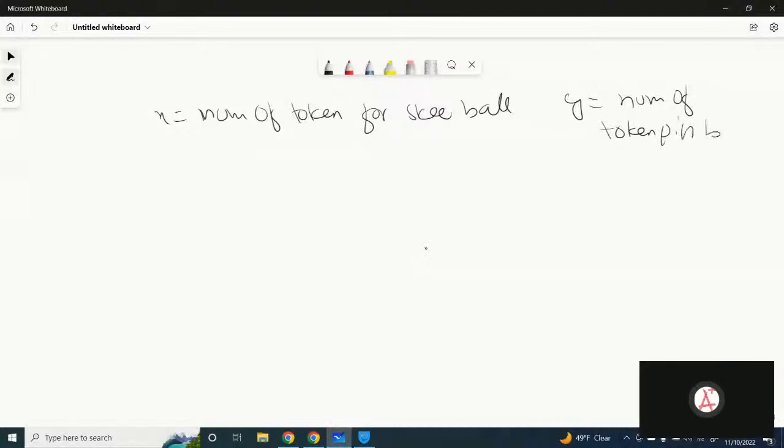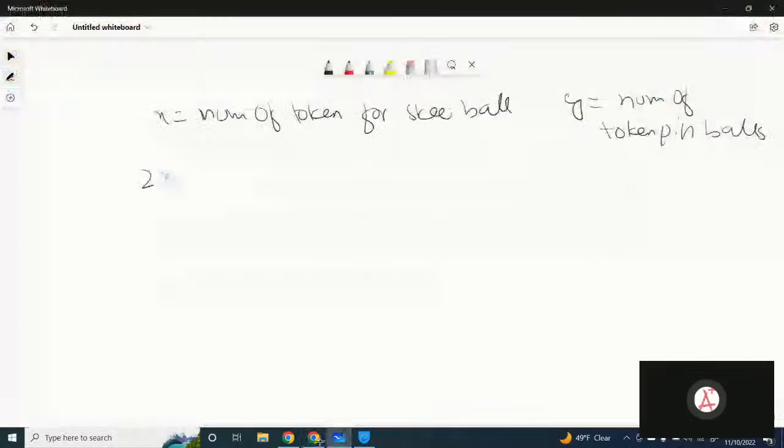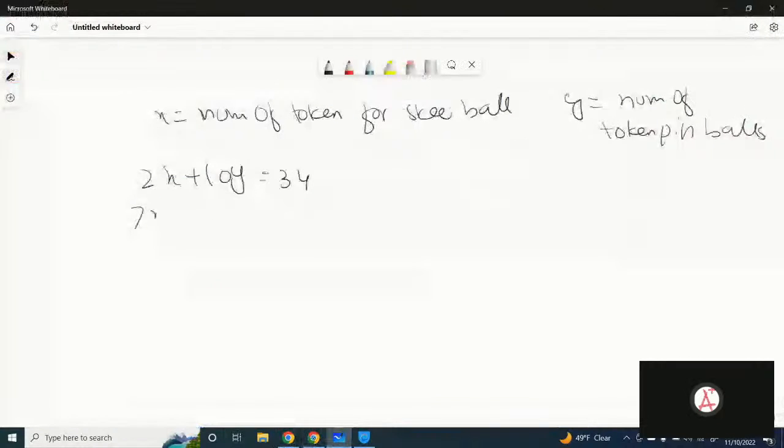Now the equations: for the first one it is 2x plus 10y equals 34, and for the second one it is 7x plus 5y equals 29.